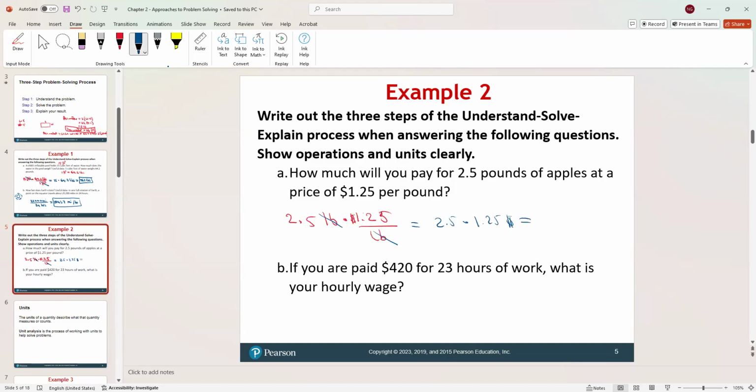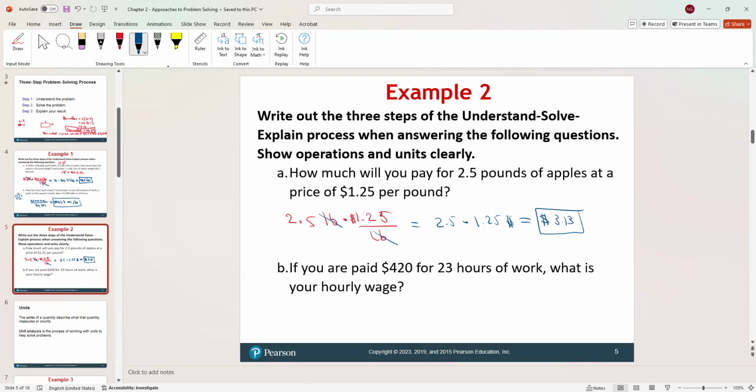If you multiply these two, your calculator would give you something like $3.13. So if 1 pound costs $1.25, then 2.5 pounds will cost about $3.15.